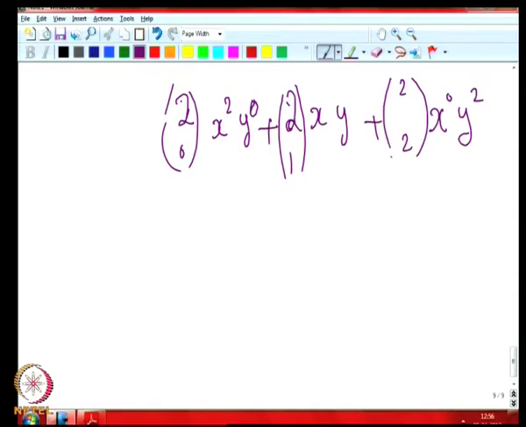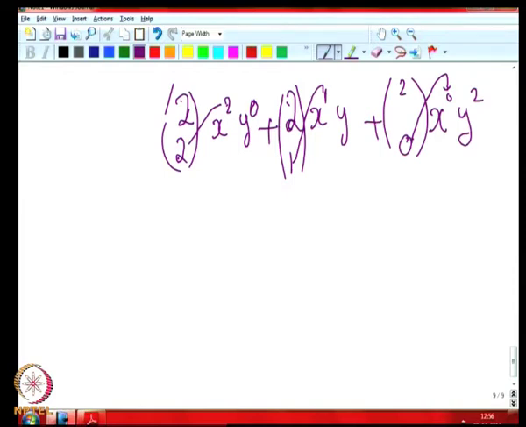Okay, I should have written it the other way, because this corresponds to the power of x here. Sorry, this should be 0, this corresponds to the power of x here.